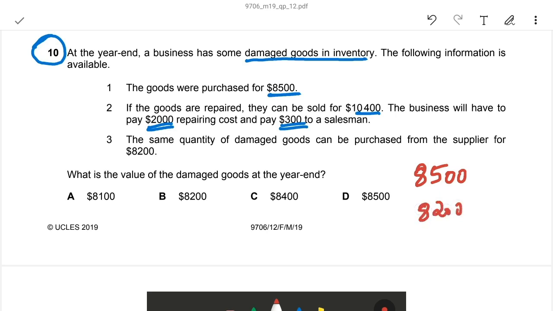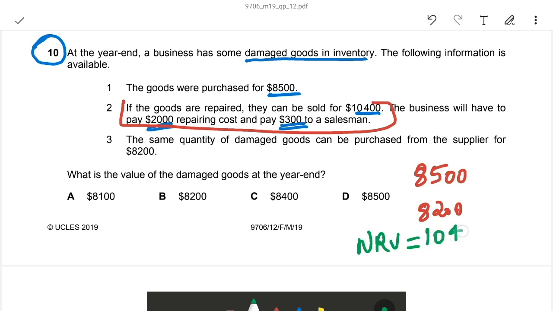Net realizable value is selling price minus the costs: 10,400 minus 2,300, that is 8,100.